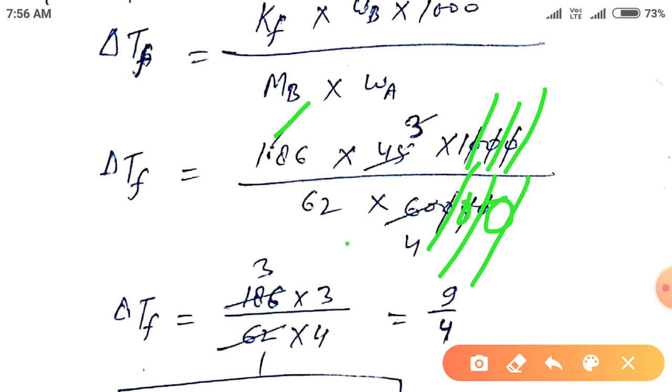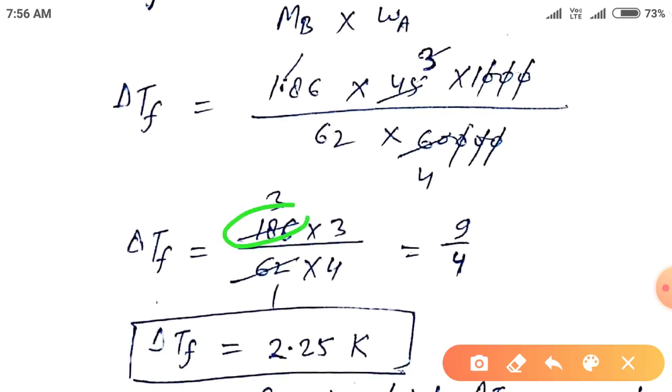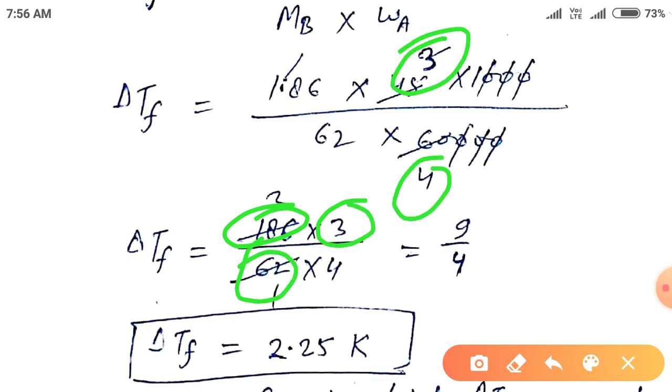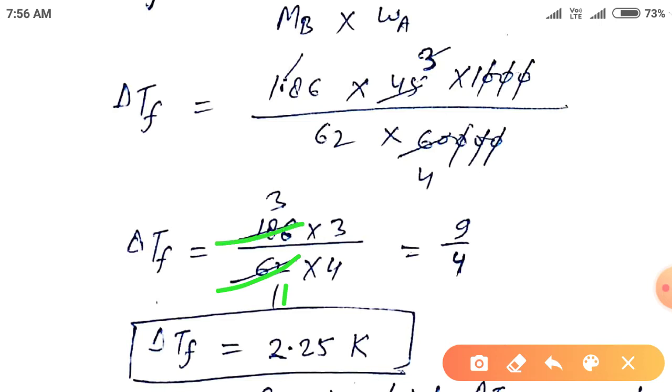Now 15 4 times 60, and 15 3 times 45. Now we are left with 186 and 3 from here, and 62 in the denominator and 4 in the denominator. Now we cancel out 62 1 times and 62 3 times 186.